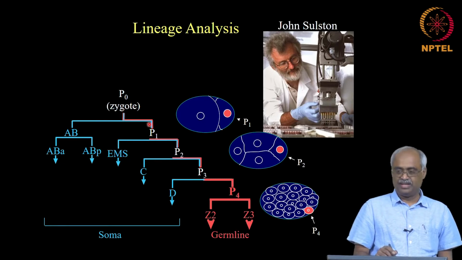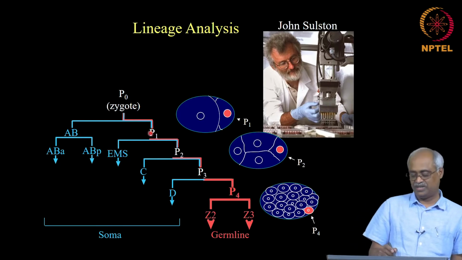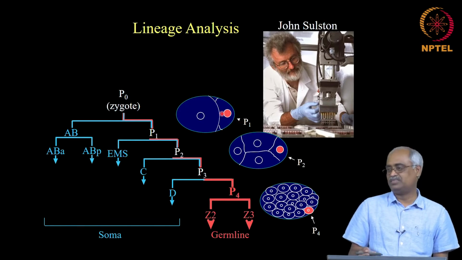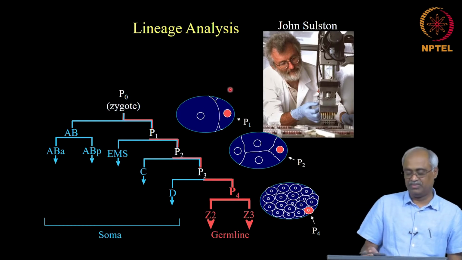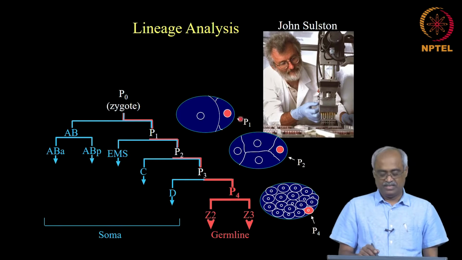That is not random, it is intentionally drawn that way to indicate that the cell on the left, that is AB, is a larger cell compared to P1. So there is an asymmetry, and therefore when I say this is anterior and this is posterior, it is not difficult, right. The one where we have the smaller cell we call posterior, and we call that P1.